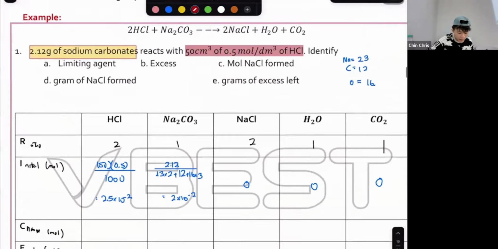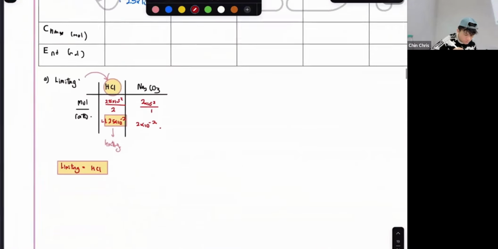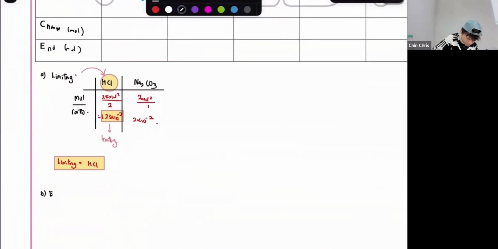Understand? Excess? Na2CO3. Correct. Understand?